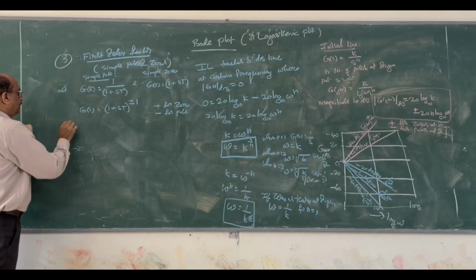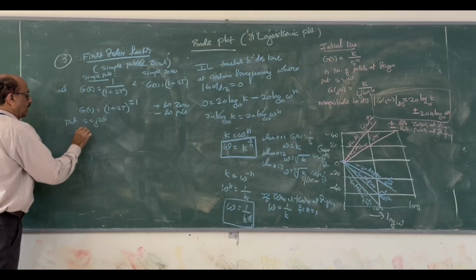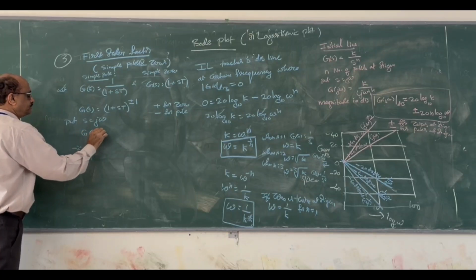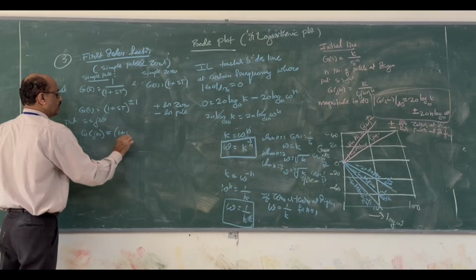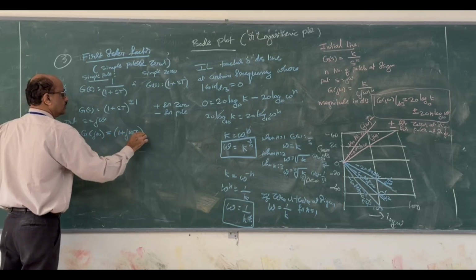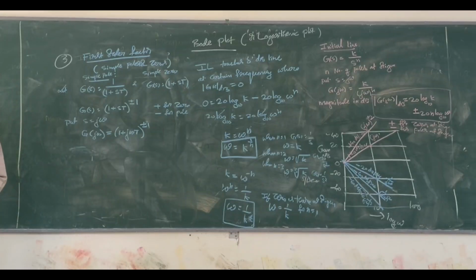Now put S is equal to J omega. I'll get G of J omega equal to 1 plus J omega T to the power of plus or minus 1.